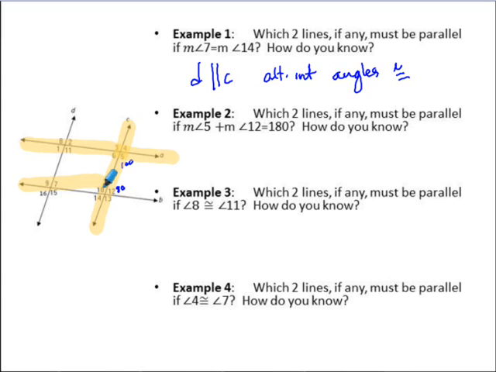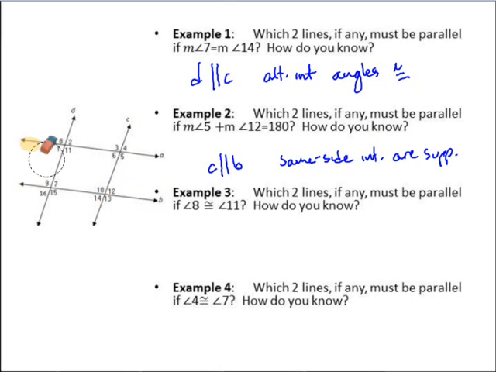Angle 12 is made with those two. And now look what I have. I have two lines cut by a transversal and the same side interior angles supplementary. So I know that C is parallel to B because same side interior angles are supplementary. Same thing each time.